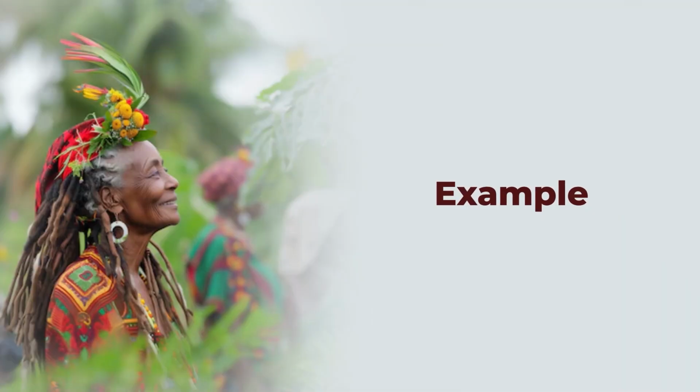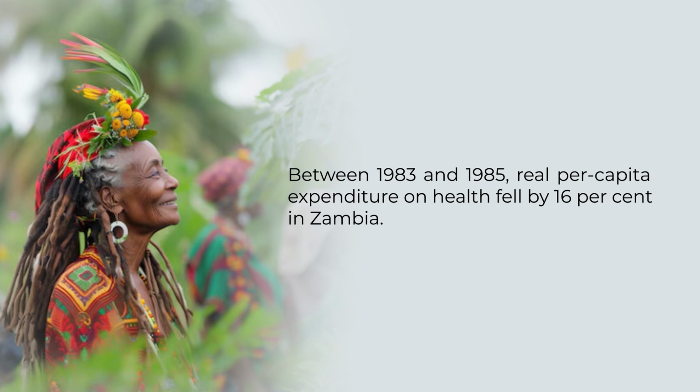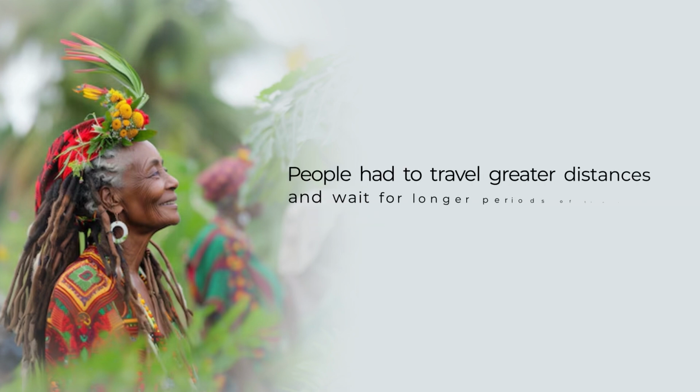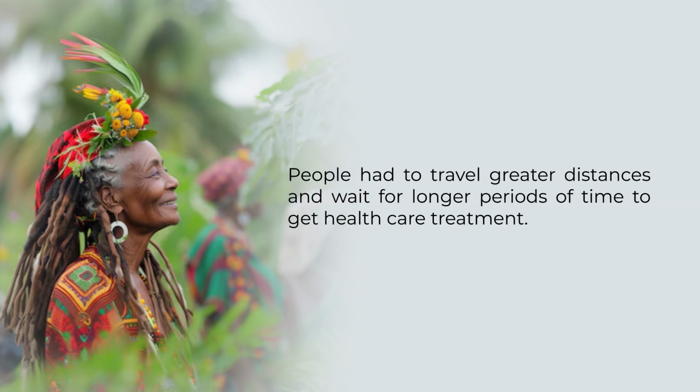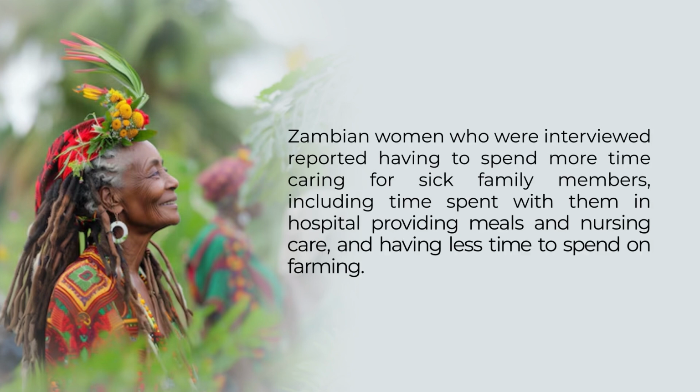As an example for these tools, between 1983 and 1985, real per capita expenditure on health fell by 16% in Zambia. In Zambia, people had to travel greater distances and wait for longer periods of time to get healthcare treatment. Zambian women who were interviewed reported having to spend more time caring for sick family members, including time spent with them in hospital, providing meals and nursing care, and having less time to spend on farming.